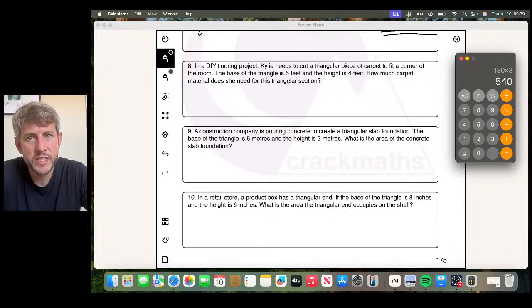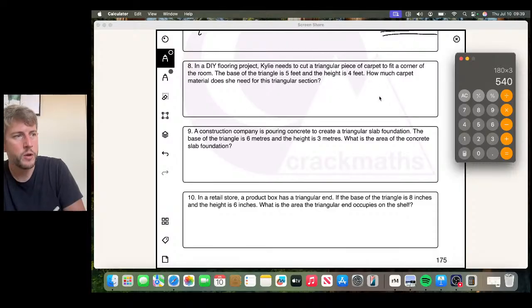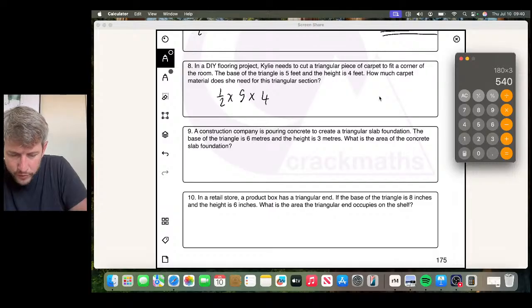So again, it's another story about a triangle, and here's the triangle. It's the triangle with base 5 feet and height 4 feet. So the area is a half times 5 times 4. Okay, well half of 4 is 2. 2 times 5 is 10. So that's going to be 10 square feet.